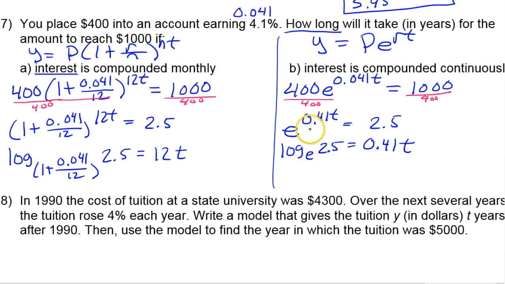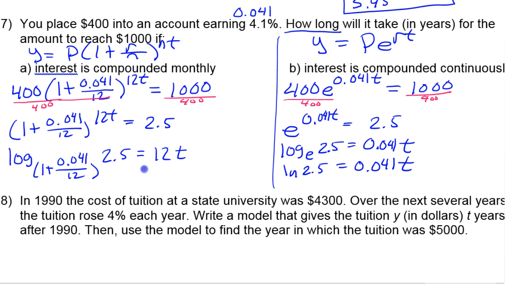Mr. Bird, isn't it supposed to be 0.041? Okay, so this will be natural log 2.5 is equal to 0.041t.